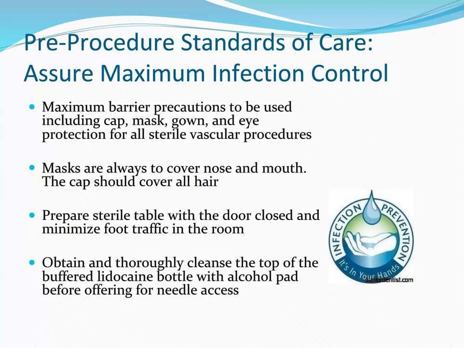Have you ever noticed that when procedure center comes to the unit, they always close the door? And before offering lidocaine, be sure the top is cleansed with an alcohol pad and not offered over a sterile field. Later in this tutorial, we will review specific behaviors to maintain sterility while setting up and maintaining a sterile field.